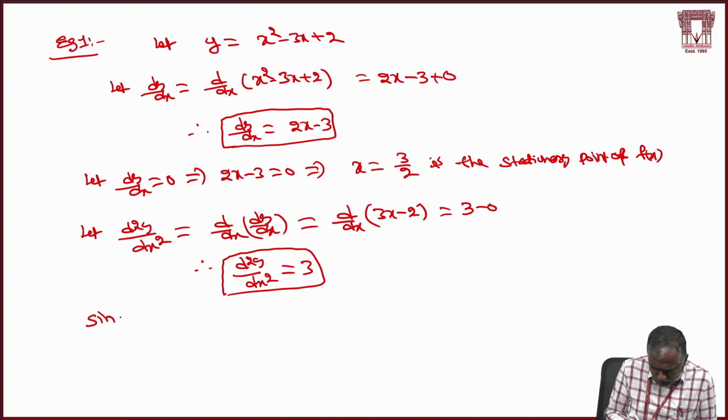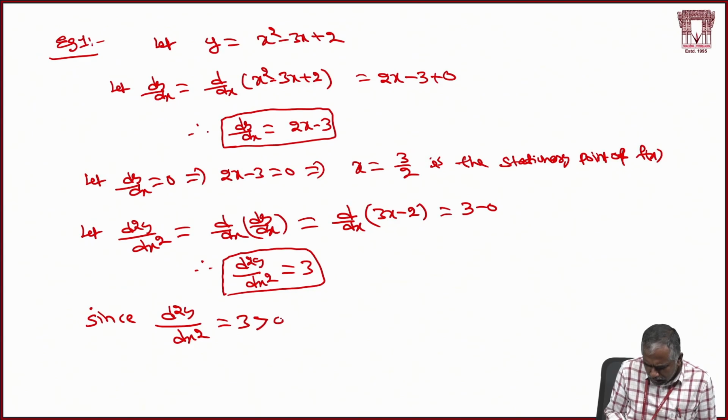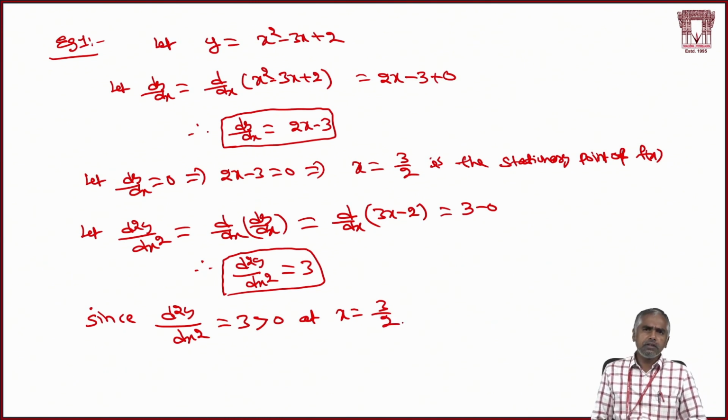Since d square y by dx square equal to 2 is greater than 0 at x equal to 3 by 2. Why? Because d square y by dx square is by default a positive constant. Even if you substitute the stationary point x equal to 3 by 2 in d square y by dx square, we will get that is positive. So d square y by dx square is greater than 0 at x equal to 3 by 2.